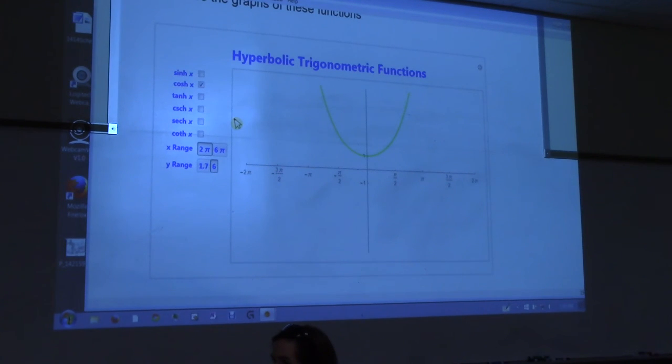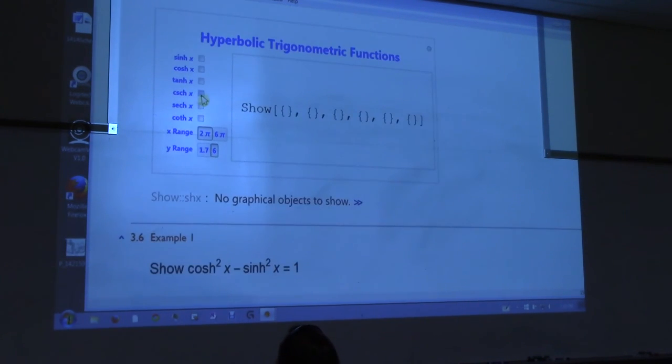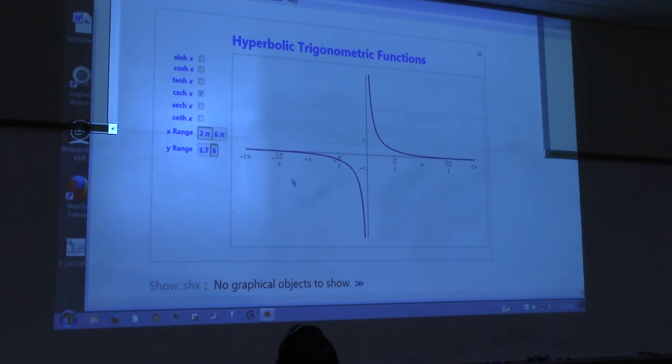Okay, so it almost looks like a parabola, right? But it is not a parabola because it involves e, so it can't possibly be a parabola. Parabolas involve x squared. So it's not the same thing. Let's look at tangent hyperbolic. Wow, that almost looks like 1 over x, doesn't it?